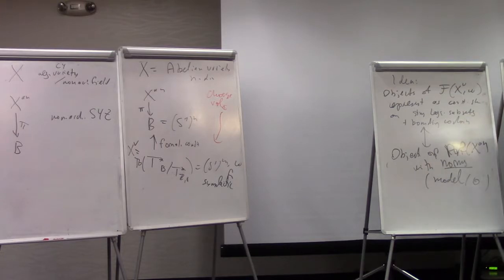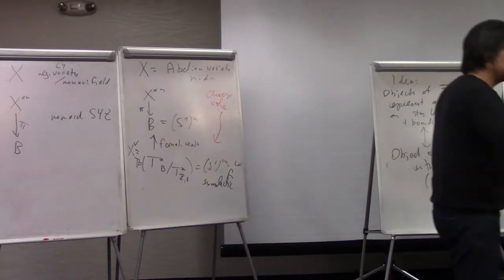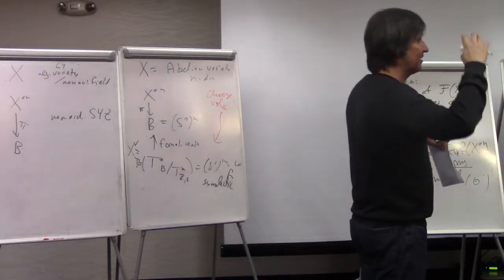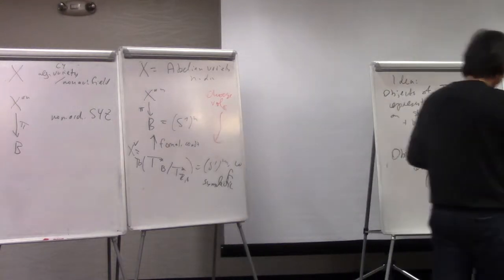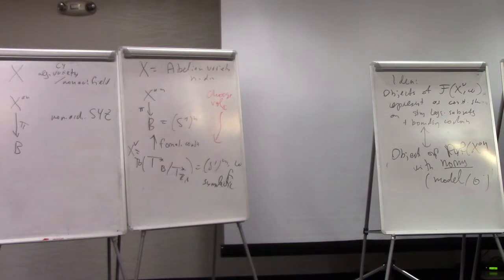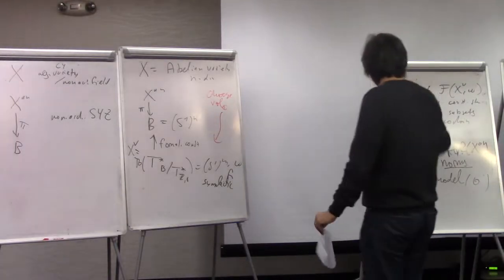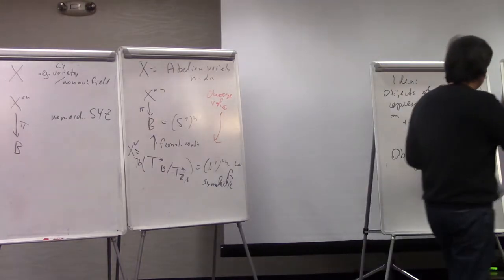what is a basic example of an object with norm? Take some open domain in the base, an open domain. So why objects with norms? The idea is that this Lagrangian manifold represents how the norm behaves. Let me give you an example.